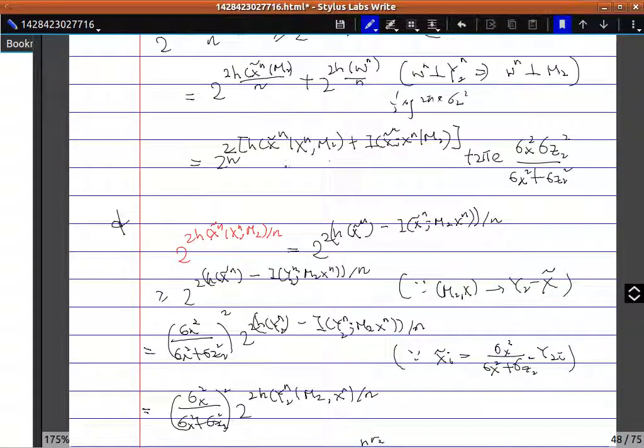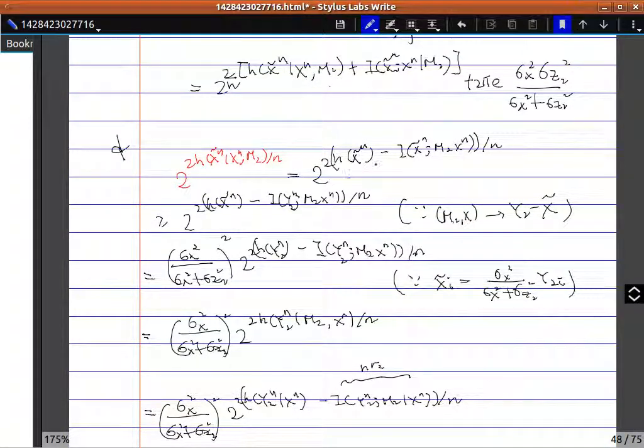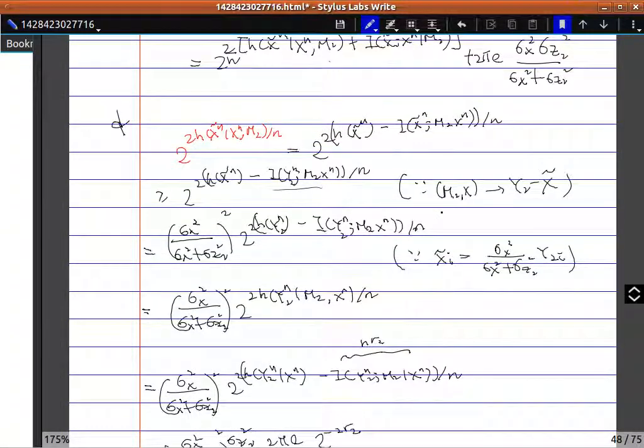For this first term, I can rewrite it as this, and this is bigger than this. Then in the second mutual information, this x2 to n can be replaced by y2 to n because of this Markov chain, basically by the data processing inequality.